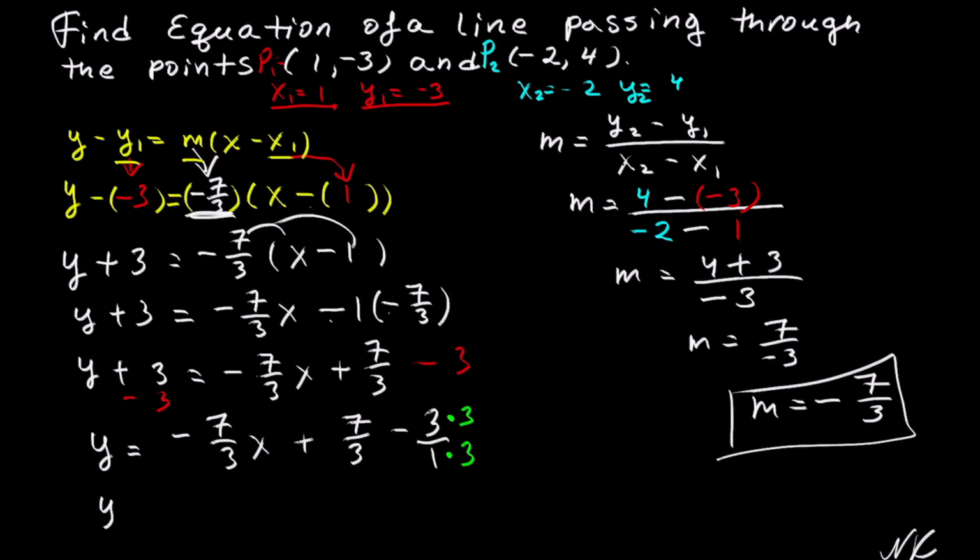So we get y is equal to -7/3 x plus something over 3. We have 7 in the first fraction minus 3 times 3, which is 9, in the second fraction.